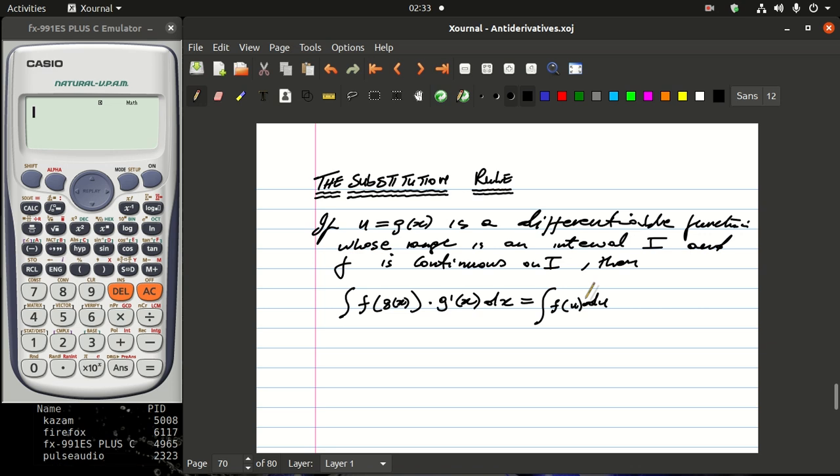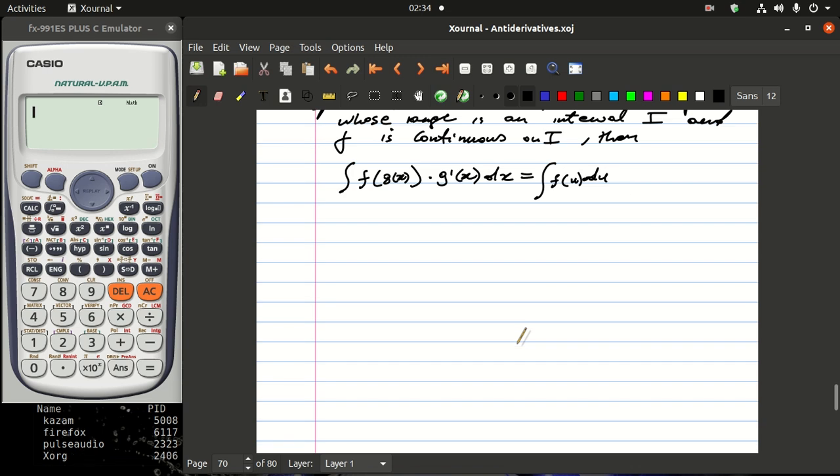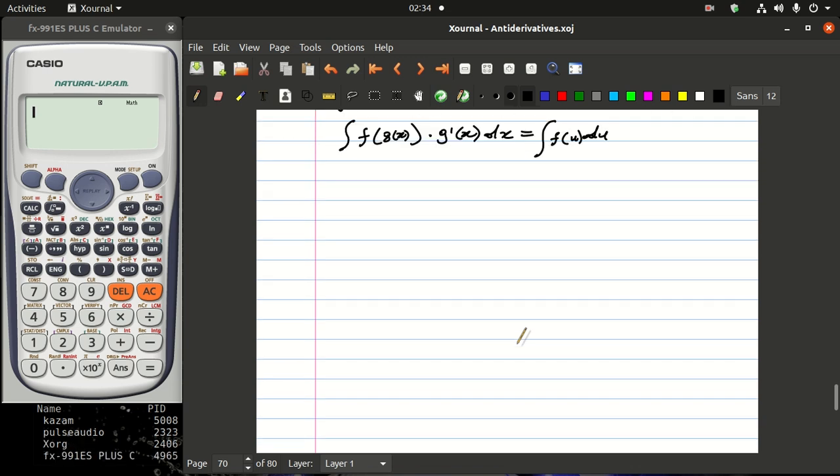Now when it comes to the chain rule, we used it when we had a function sitting inside, and we took the derivative of that function that is sitting inside, and then we multiplied. So the substitution rule is actually the reverse of the chain rule of derivative. It is one of the nice rules that are there.